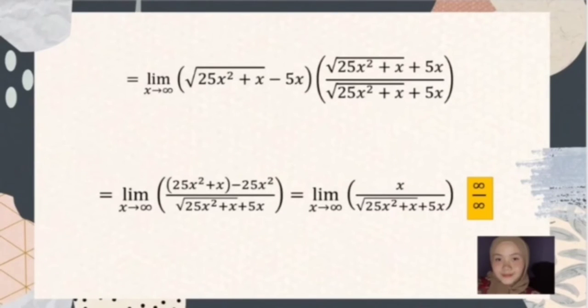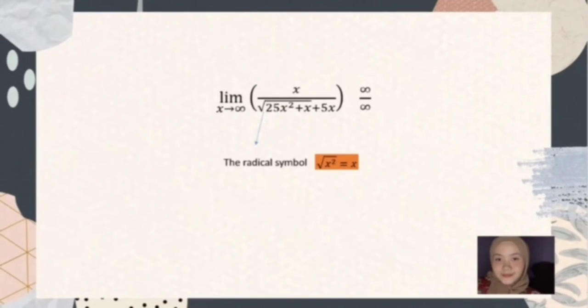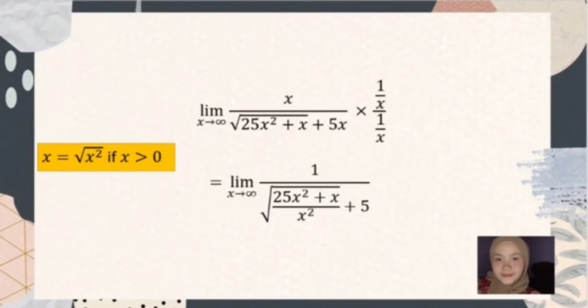Now this limit is in the form infinity over infinity, and we can again divide the numerator and denominator by the highest power of x in the denominator, but also consider the radical symbol. In this case, the highest power of x is the square root of x squared, which equals x. So we are going to divide the numerator and denominator by x. That is the same thing as multiplying the numerator and denominator by 1 over x.